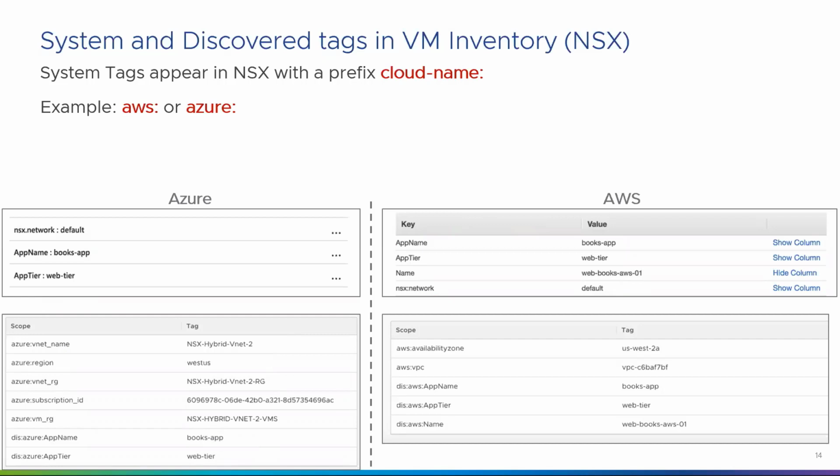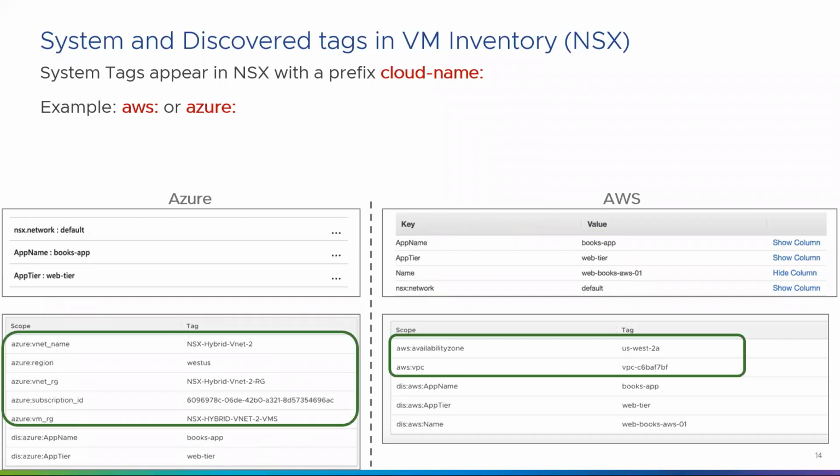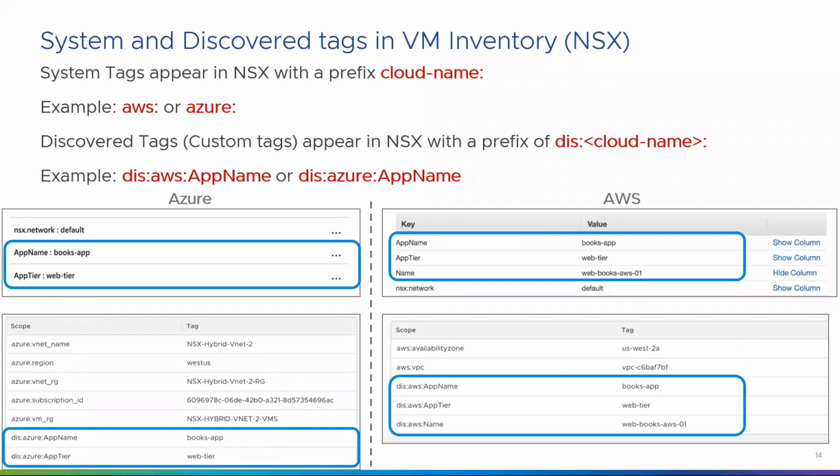And then use those groups in turn in my firewall rules. All right? So that's what you have here. And at the top, you're looking at my system tags, as I highlighted. And those bottom ones, those are user-specific tags that were added.